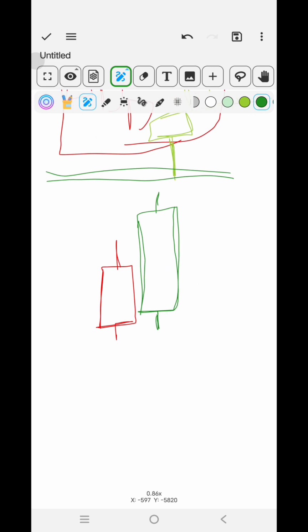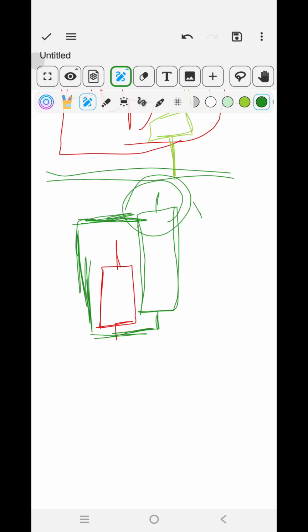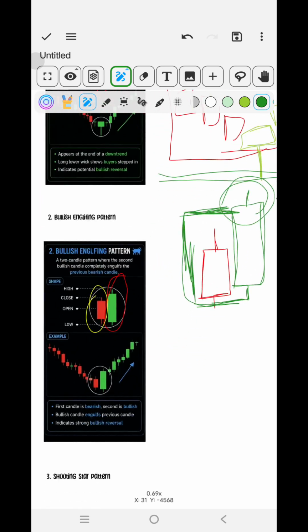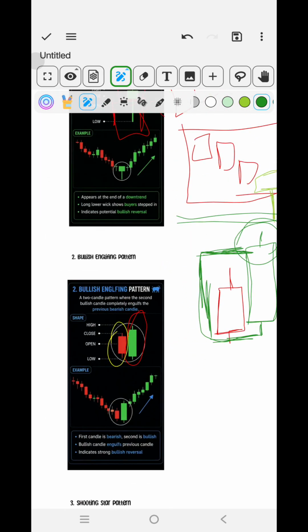The second bullish candle completely covers the previous bearish candle. It is considered one of the strongest bullish reversal patterns, because this shows the buyers have taken control from the sellers.